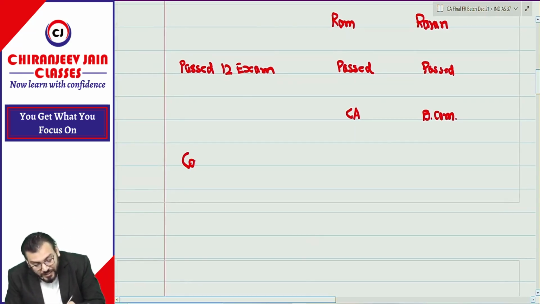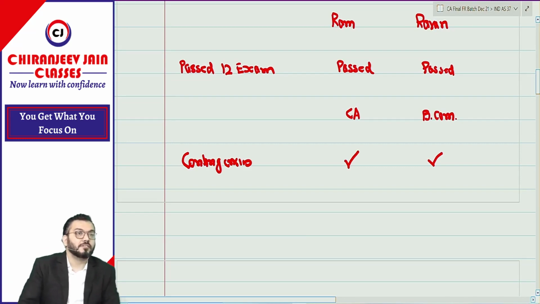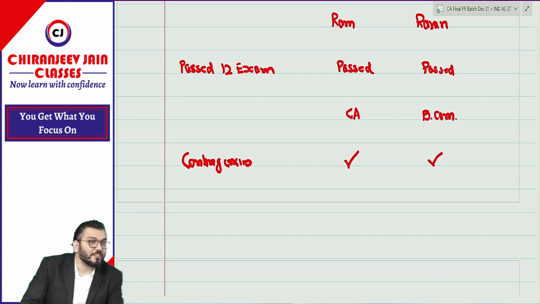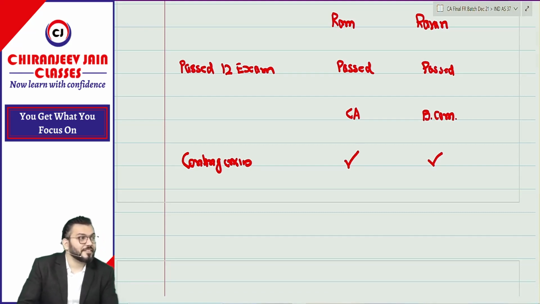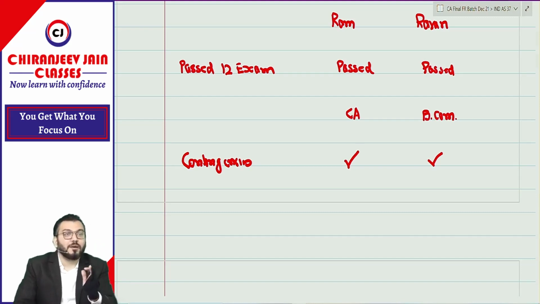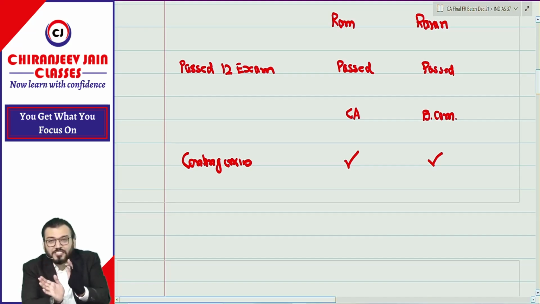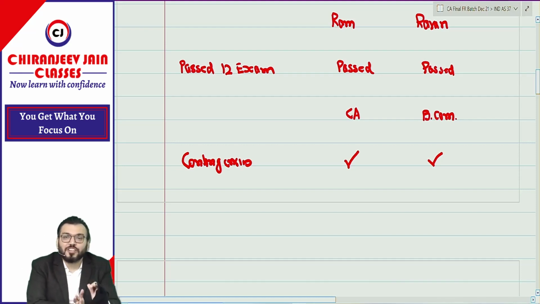So can I say there are contingencies in the life of Ram? Yes, there is a condition, the outcome of which is not known, which is dependent on an uncertain future event. Now let us think from Ram's point of view. Whenever there are contingencies, should we create a provision or a contingent liability?